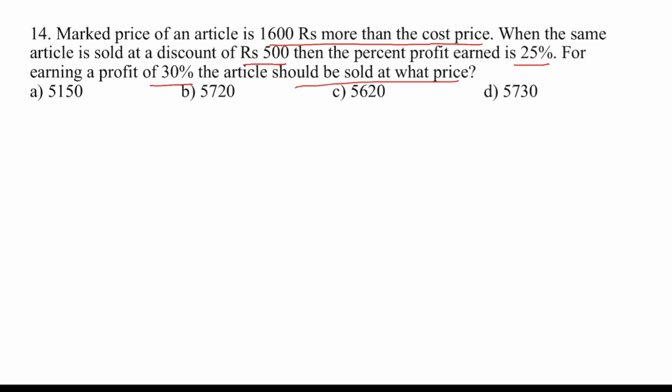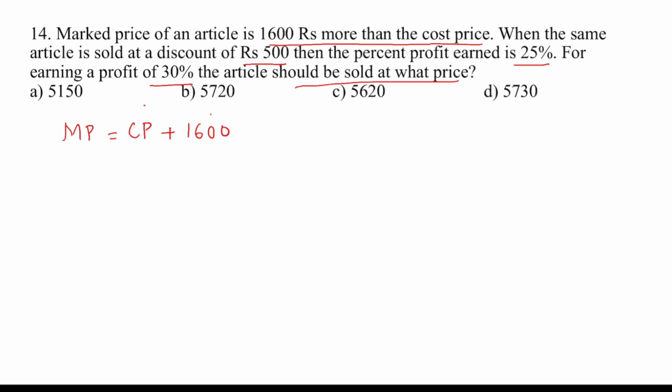So we know that the marked price is the cost price, whatever the shopkeeper has bought it for, plus 1600 rupees more, isn't it? It is the cost price plus 1600 that he is marking on it.